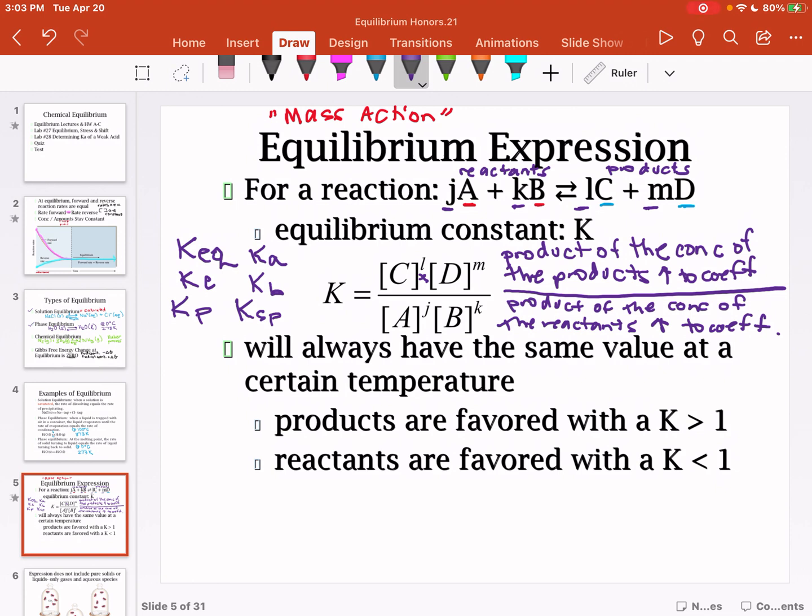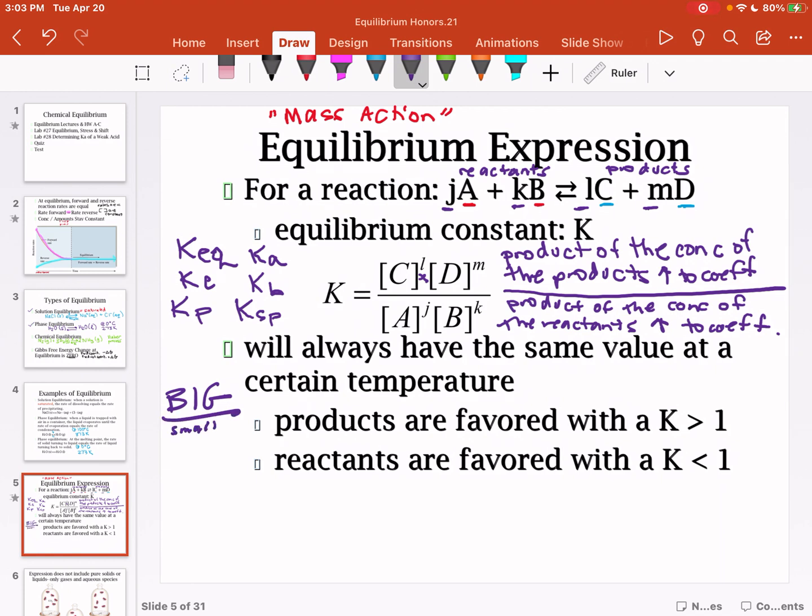So if products and reactants are equally favored, K would be 1. However, look at your denominator and your numerator. My numerator is products. So if my products are favored, if I am product heavy, I'm going to have a K that is larger than 1. It would make sense. I have a big number divided by a small number.